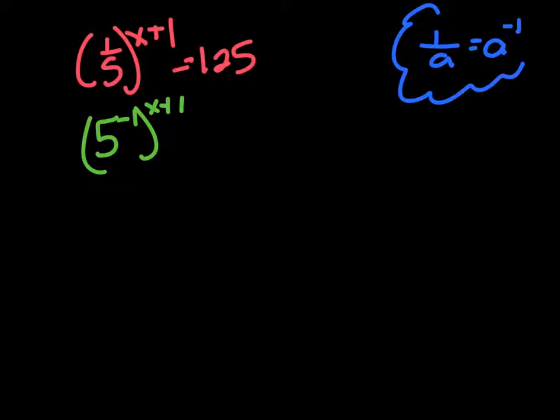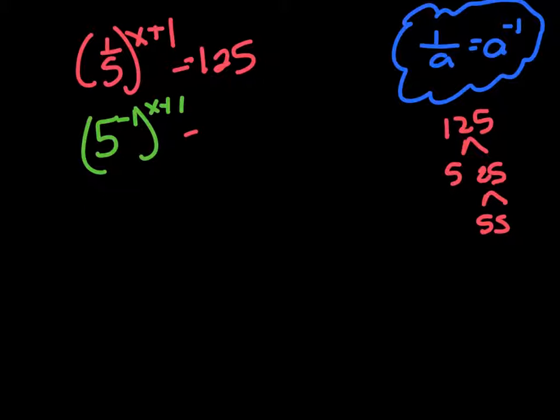Get used to your fractional numbers as negative exponents. And then 125, if you're not sure, we're going to break down into 5. 125 divided by 5 is 25. And then 25 breaks down to 5 and 5. So 125 is 5 cubed.